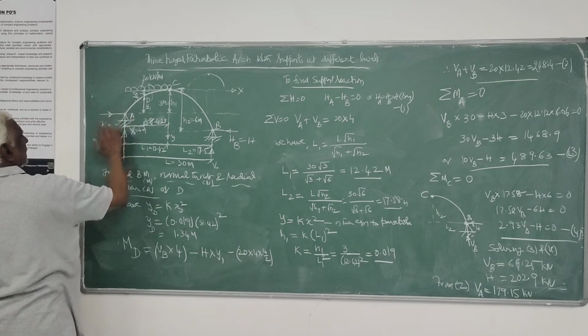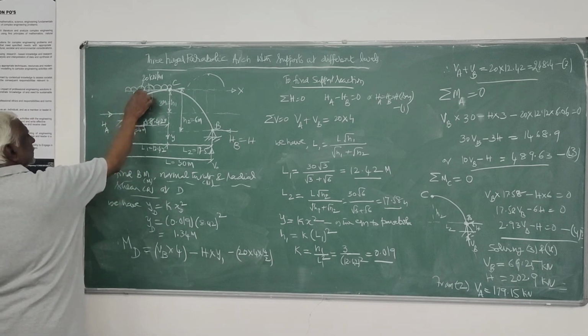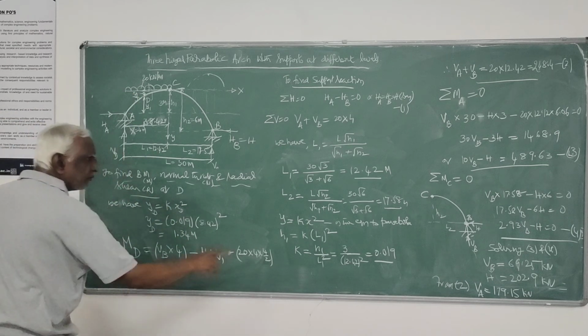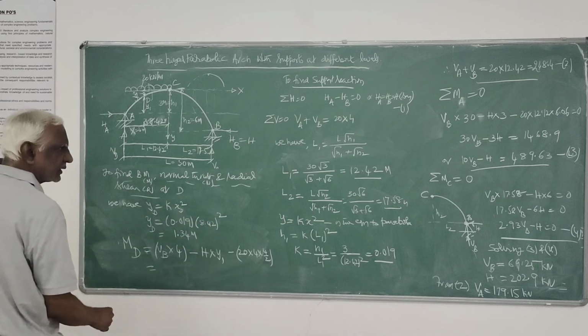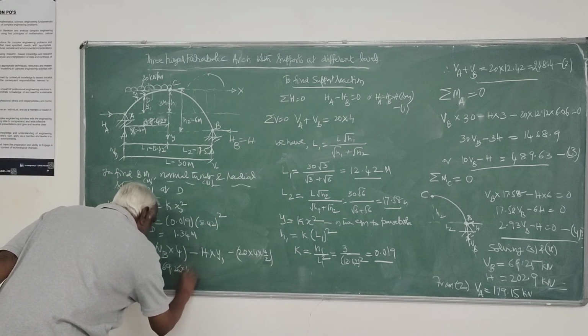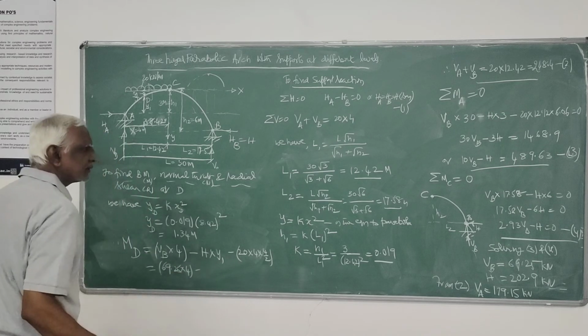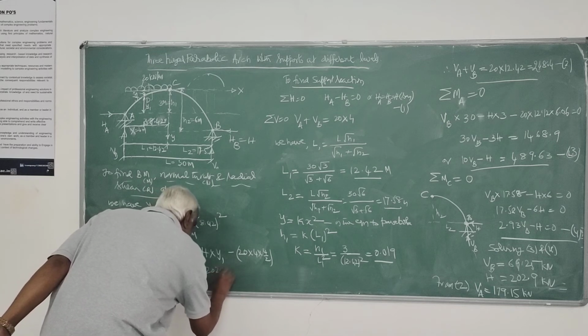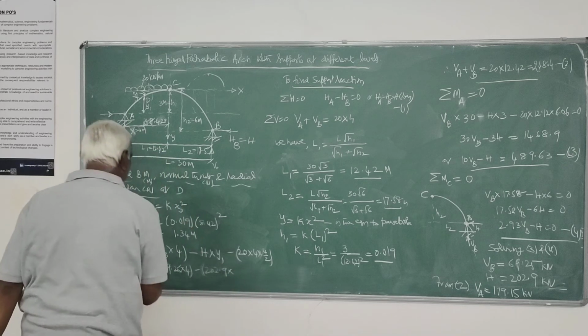I worked out VB. VB is 69.25 into 4, minus H, which is 202.9, into Y1.